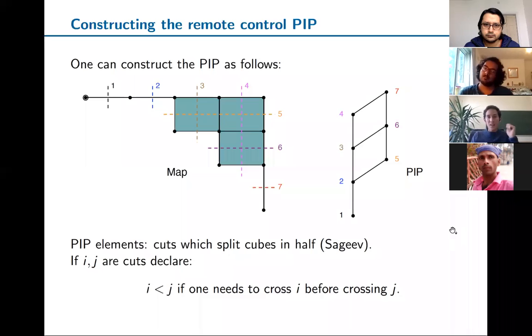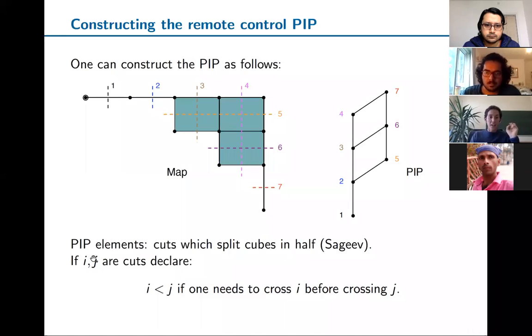We will construct it as follows. The elements of your PIP, these points over here, will correspond to the cuts which split cubes into halves. So these will be these cuts over here: cut 1, cut 2, cut 3, cut 4, cut 5, cut 6, and cut 7.